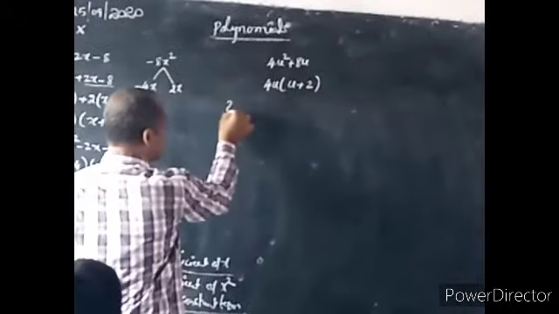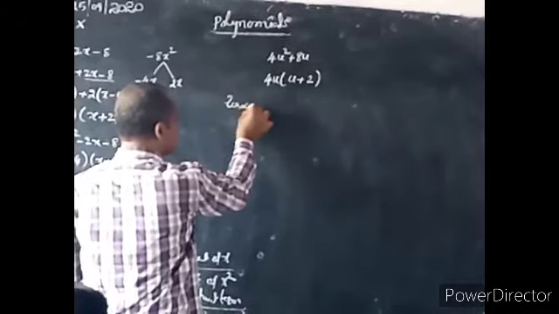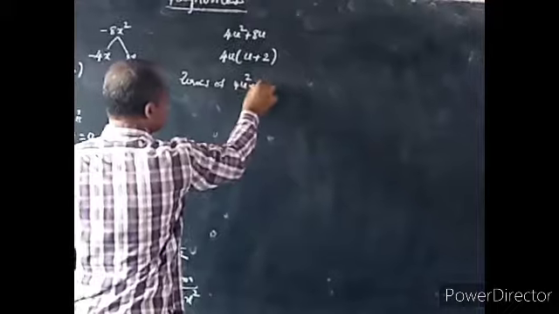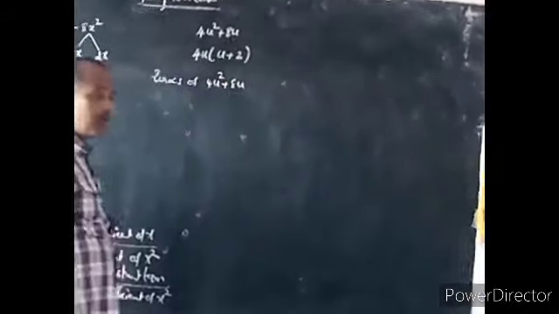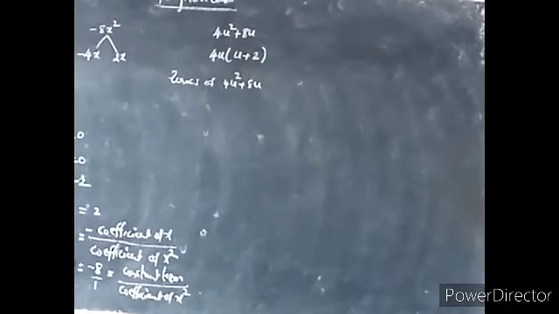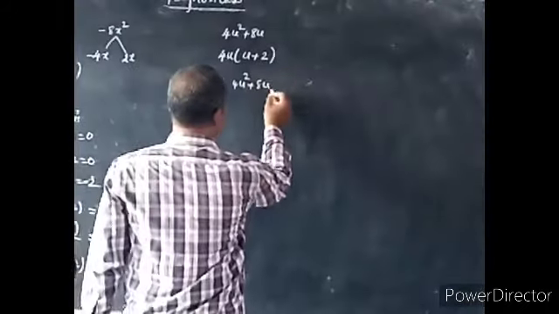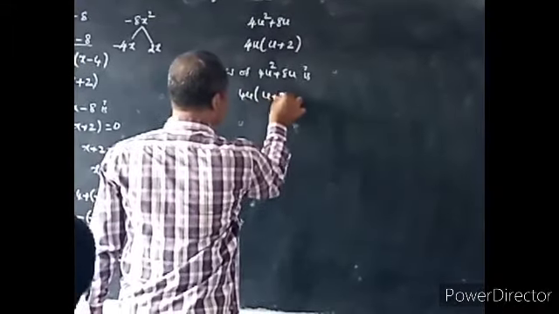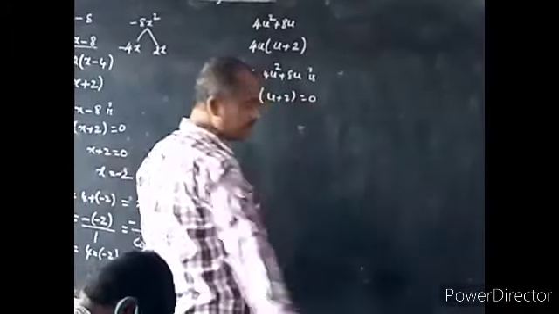Now, if you want to write the zeros of 4u square plus 8u, that is 4u into u plus 2 equals 0.